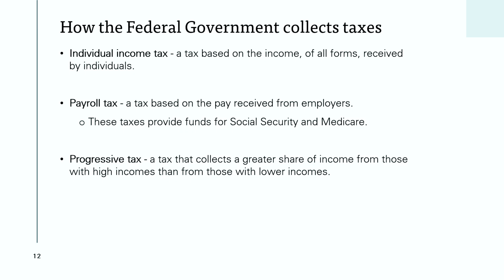Most importantly, federal tax collection is based on a progressive system, meaning tax rates increase as income rises. Higher income households pay a larger percentage of their income, while lower income households pay a smaller share.